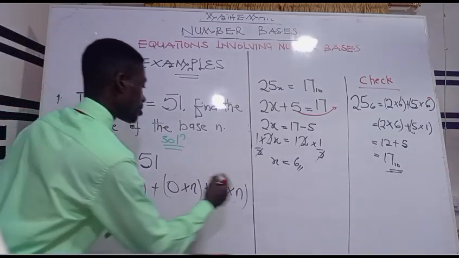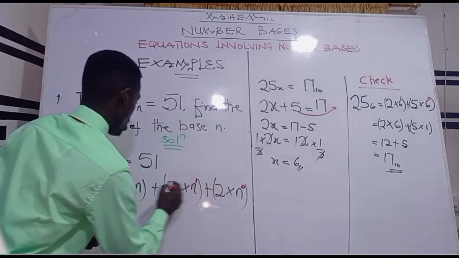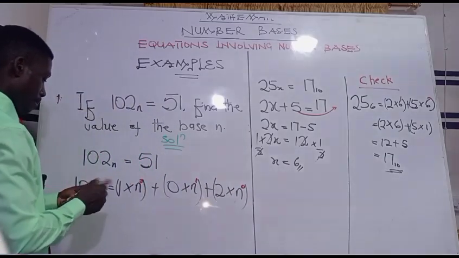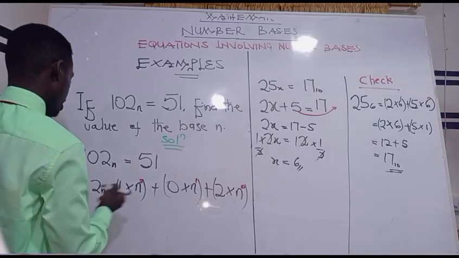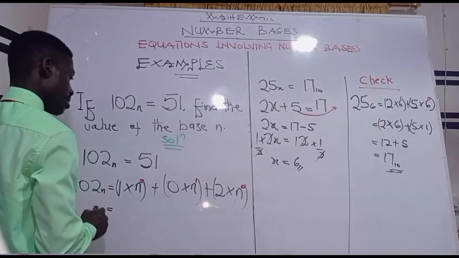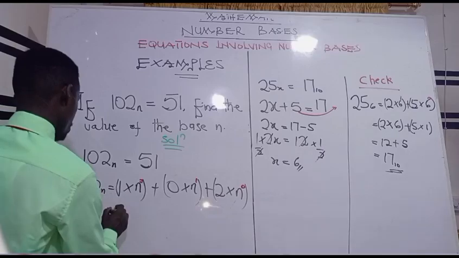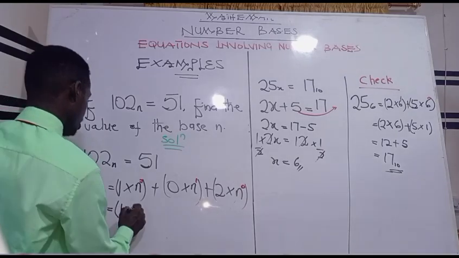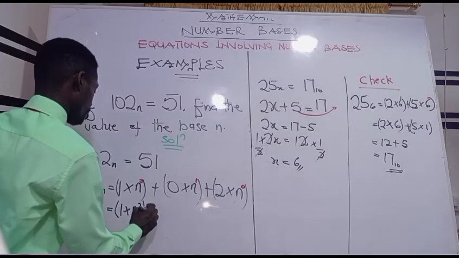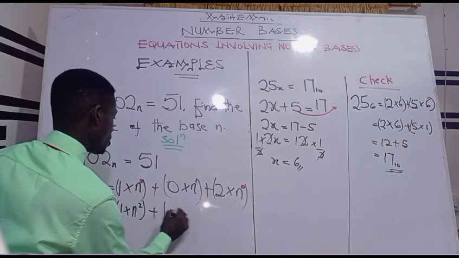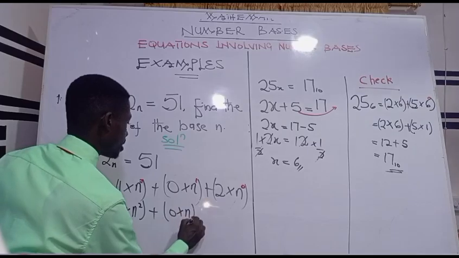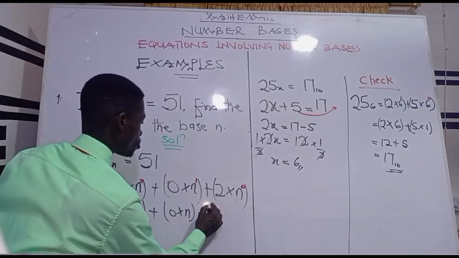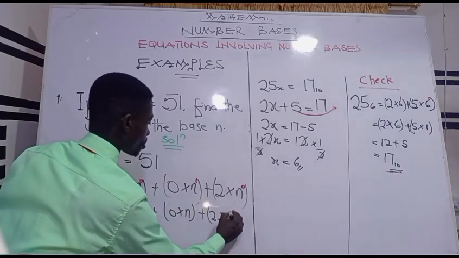Good. So we have 0, 1, and 2. So the rest is just simplification and manipulation of figures. So we have 1 times n power 2 gives us still n power 2. And then we have 0 times n power 1 gives us still 0, plus 2 times n power 0 gives us 1.